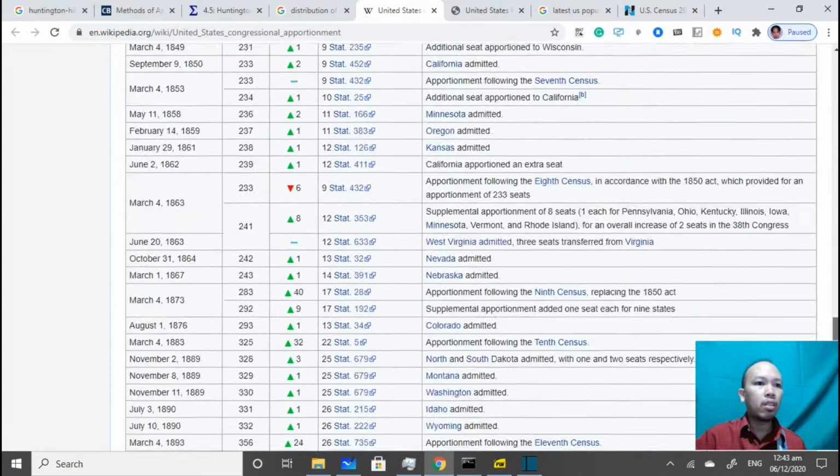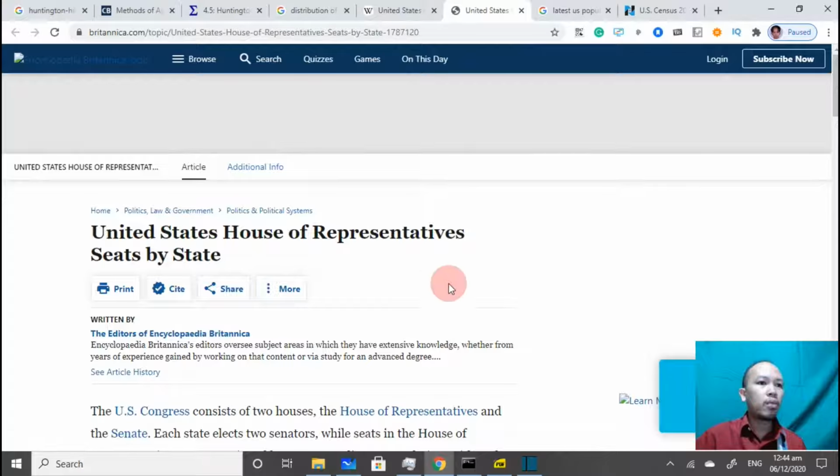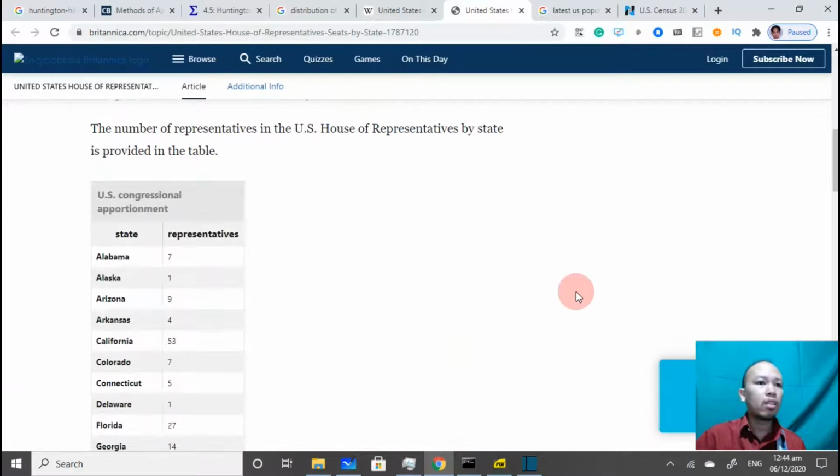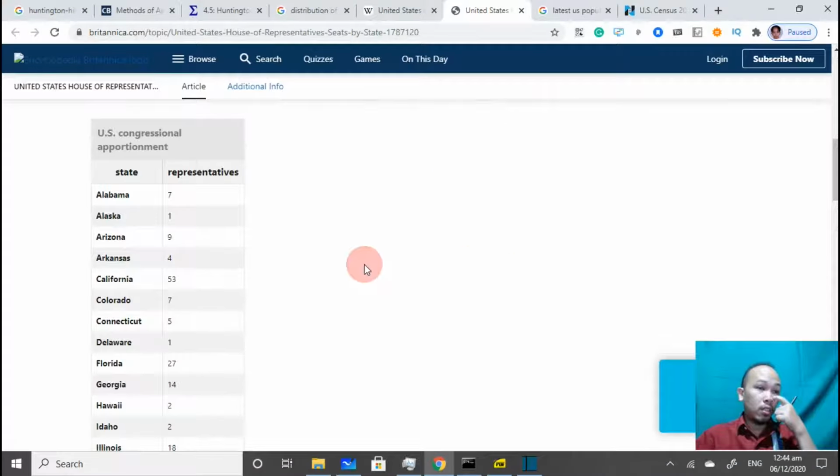Lately I've searched this one. This is the allocation, which you can find on the website britannica.com. The allocation of the representatives, 435 representatives. For California, we have 53, Alabama 7, Alaska 1, Arizona, and so on.